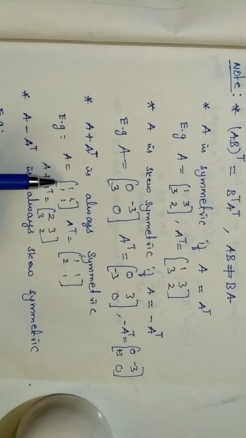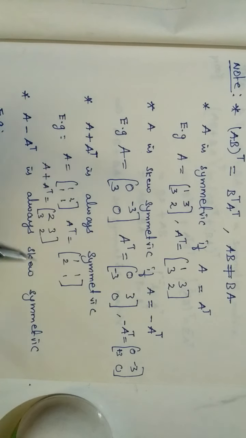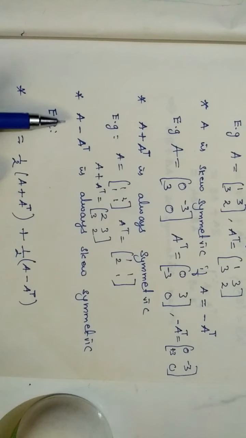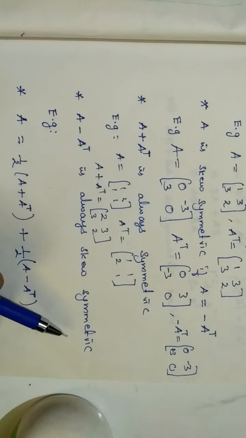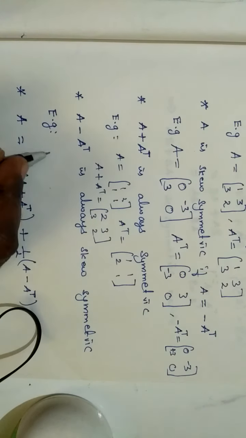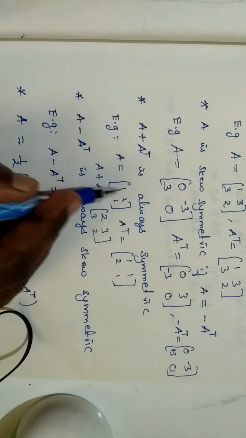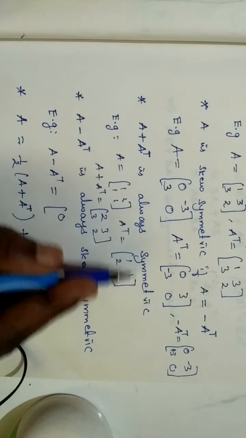So always, if you take any matrix, A plus A transpose is always symmetric. Similarly, A minus A transpose is also always skew symmetric. You can take the same example and find A minus A transpose: this matrix minus that matrix.